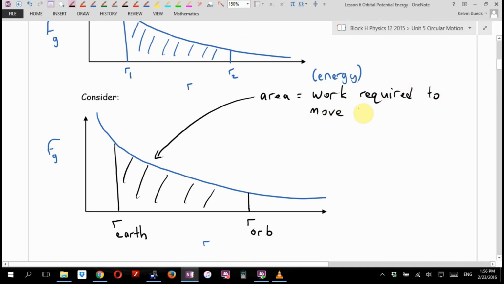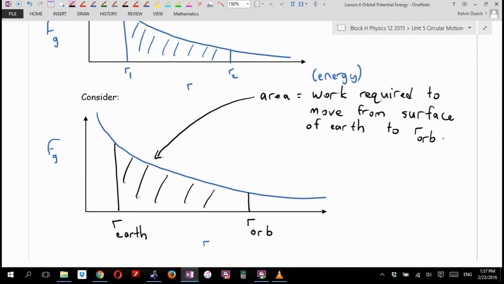to move from the surface of the Earth to our orb. Now, I picked my words very carefully. I didn't say this is the amount of work to get in orbit.